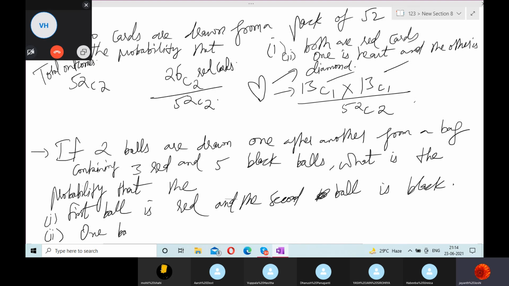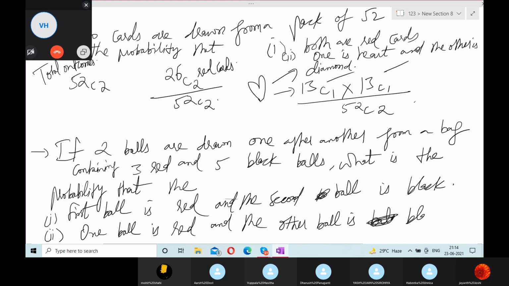One ball is red and the other ball is black. Come on, do this question.